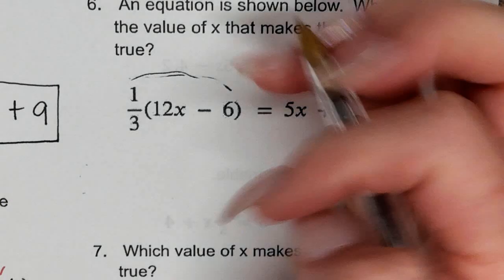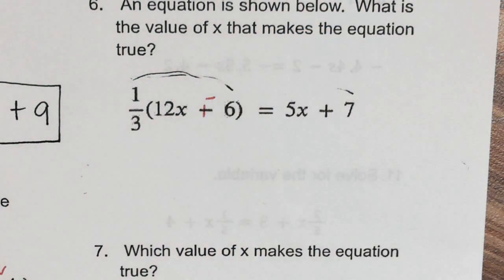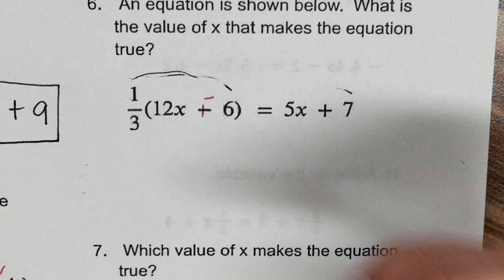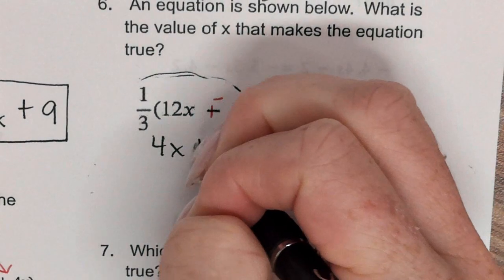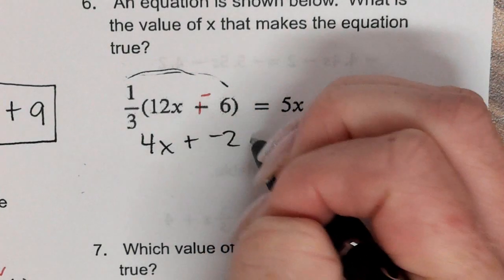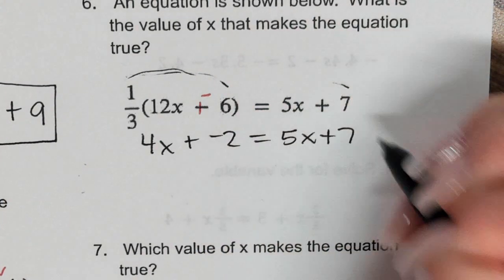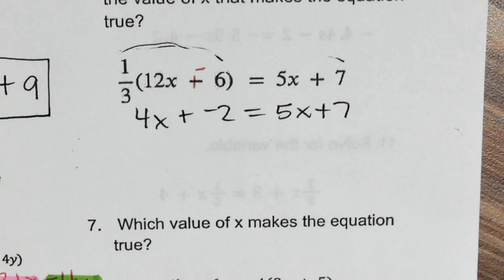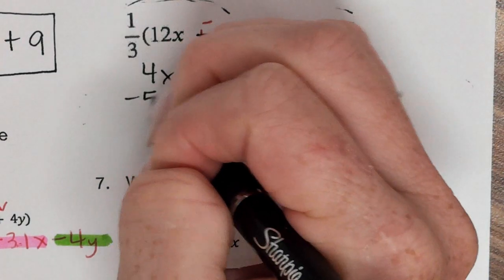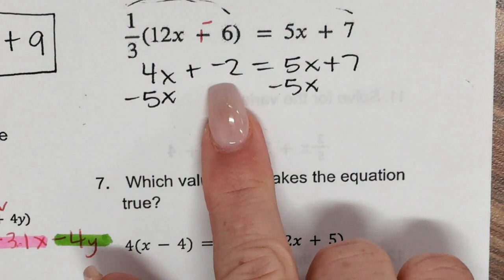So the first thing I taught y'all is to change. 1/3 times 12 is just 12 divided by 3, which is 4x plus 1/3 times negative 6 is negative 2. I'm going to get all the x's to the left by subtraction. Can I also move this to the right at the same time, or will that bother you?